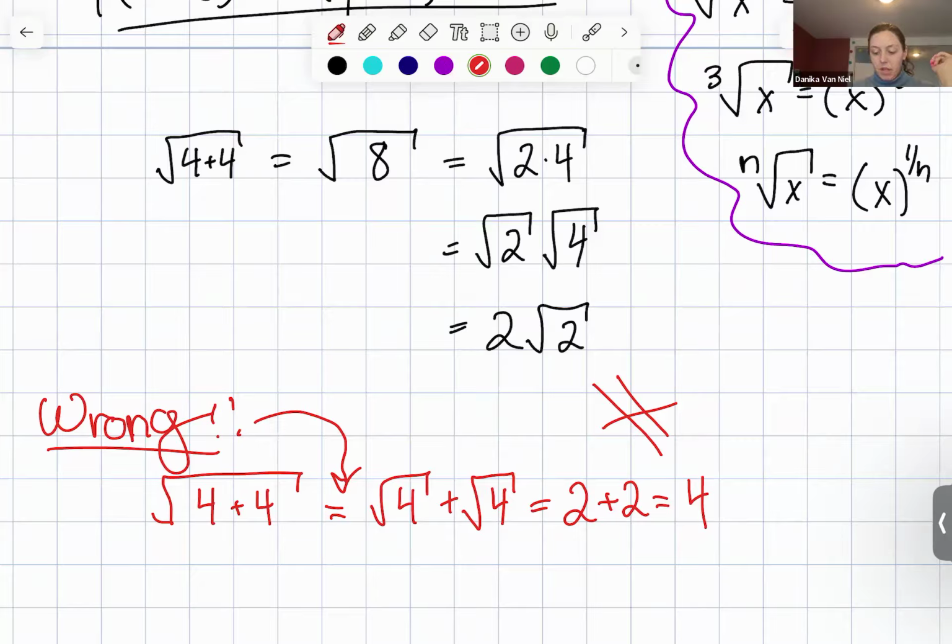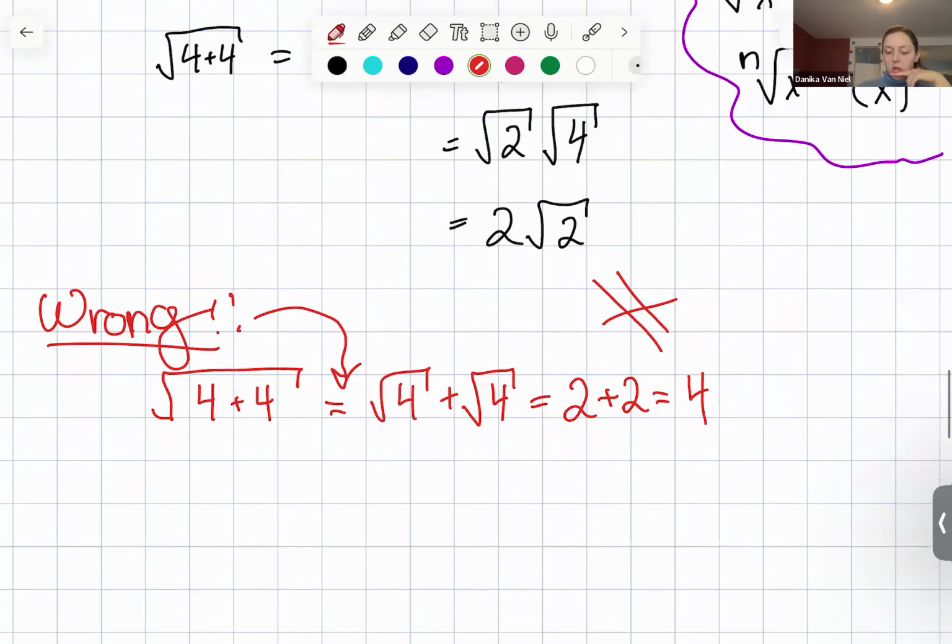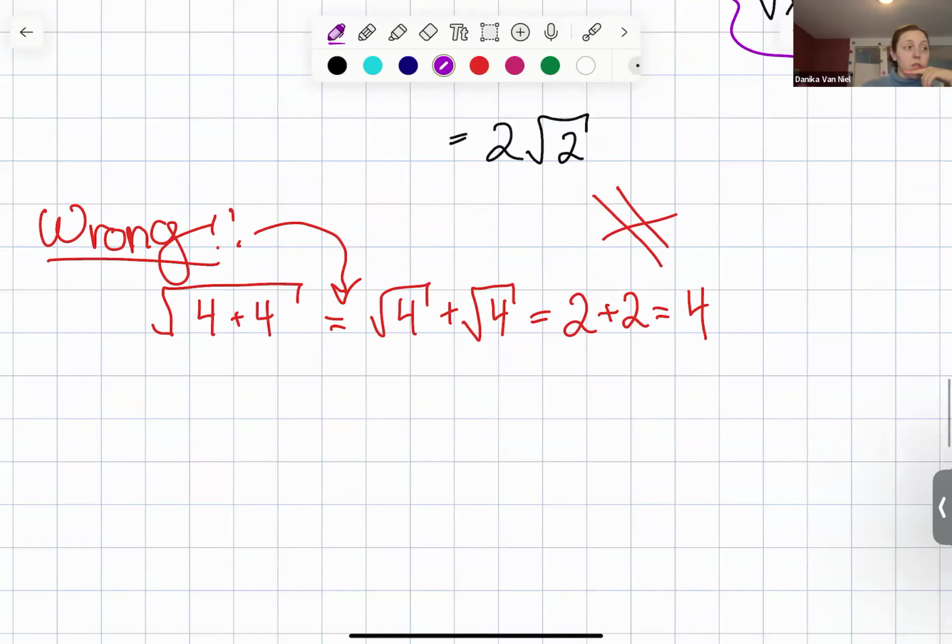Another way to think about it, square root of 2 is less than 2. So we have 2 times something less than 2, that's going to be less than 4. Now I feel like I'm making it even more confusing. But what's the upshot of all this?